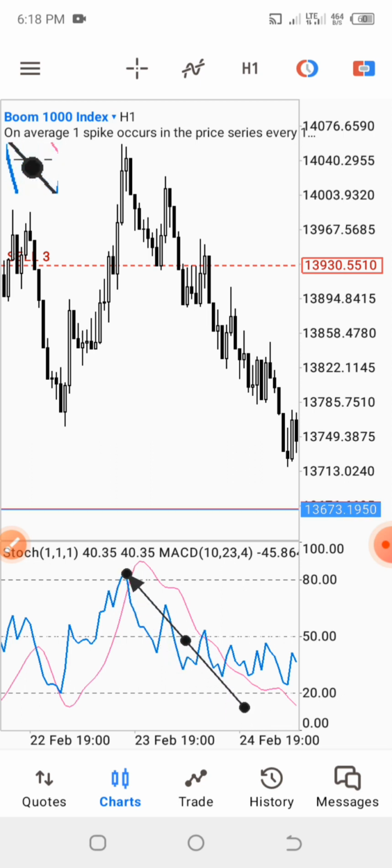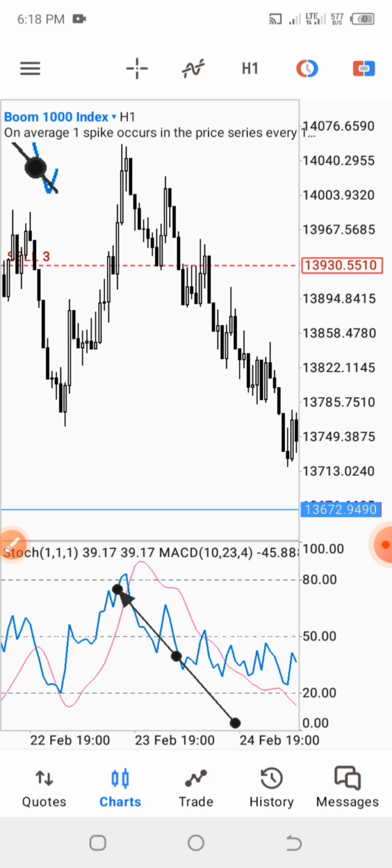Remember, the RSI is the blue one and the MACD is the pink one. The MACD line crosses above the RSI line, which means the RSI line needs to move down below the MACD line. When you see that, that's when you are expected to go for a sell.